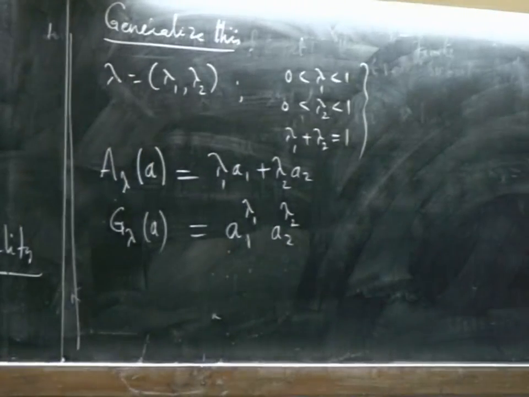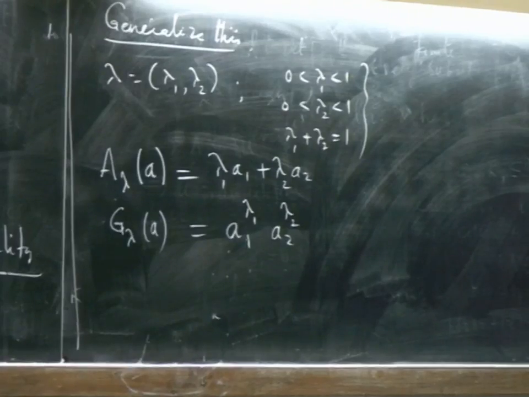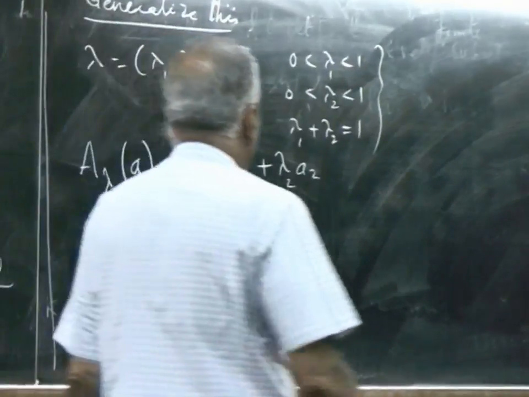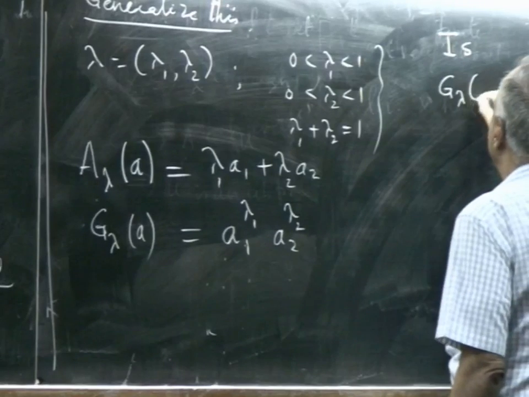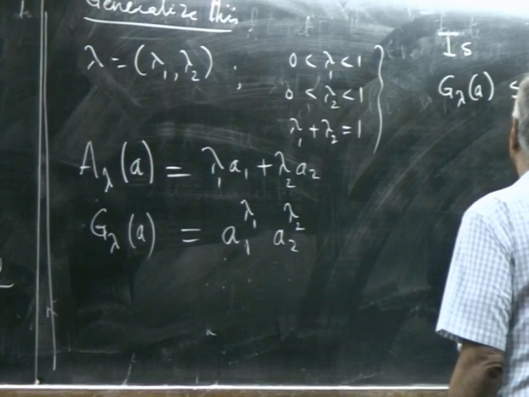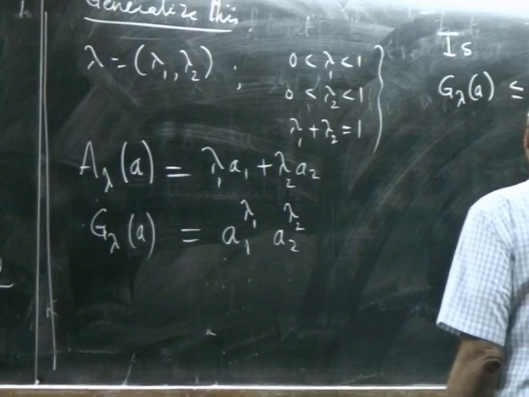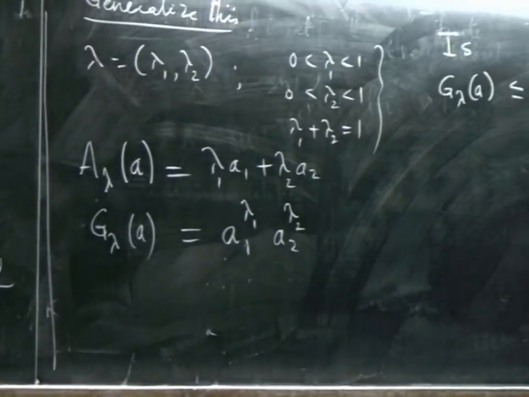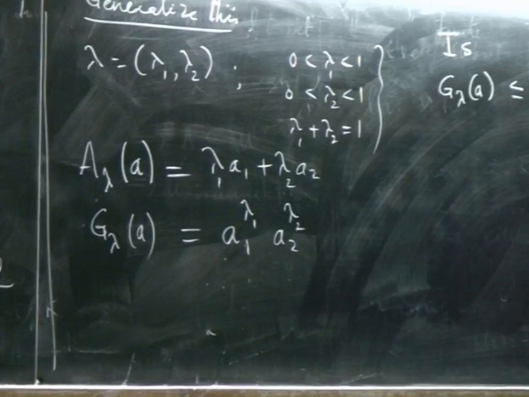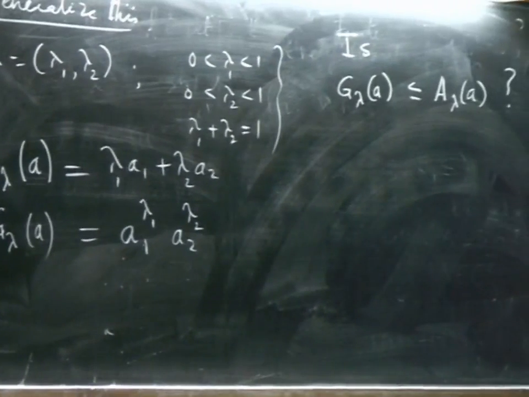That is called the weighted geometric mean, and that is called the weighted arithmetic mean, the weights being lambda 1, lambda 2. The question is, does this inequality hold for the weighted means? Is it true? Is g lambda a less than or equal to a lambda? Even after weightage, does the geometric mean get dominated by the arithmetic mean?